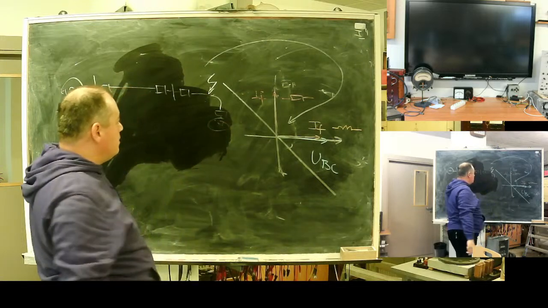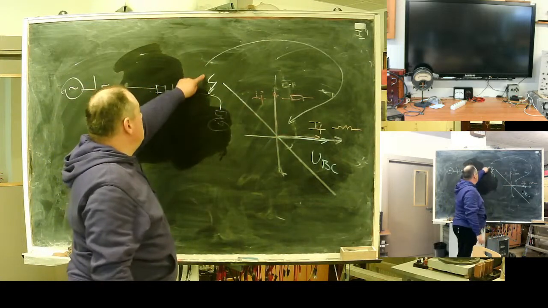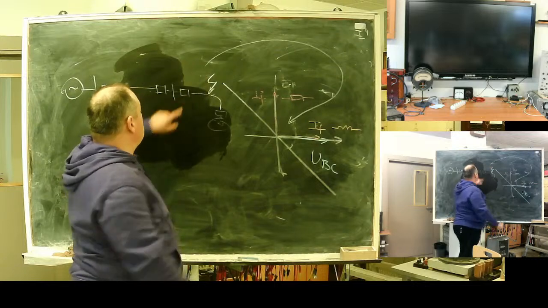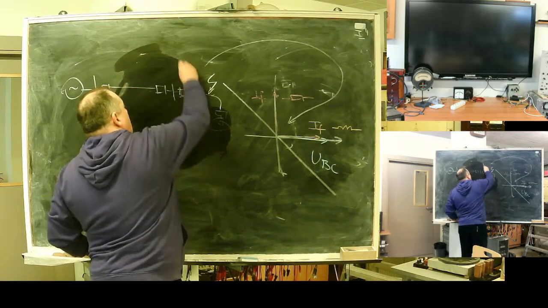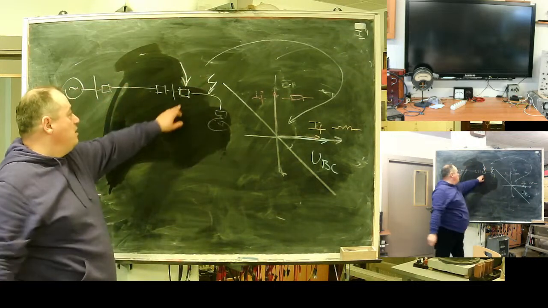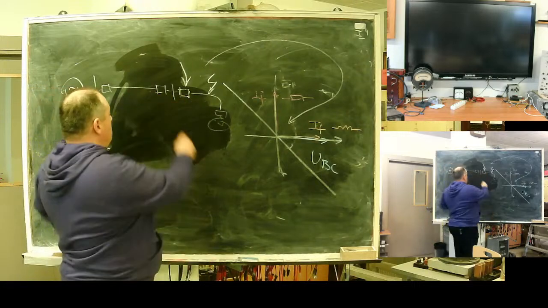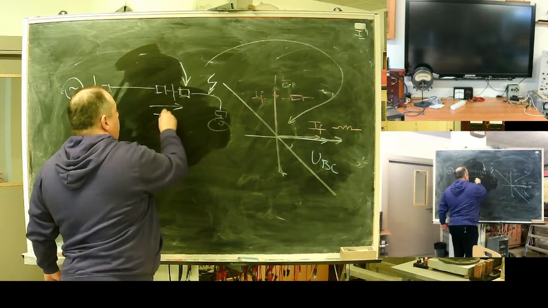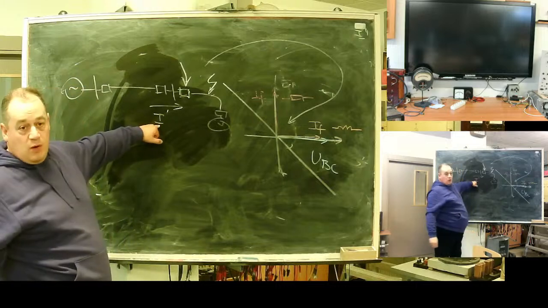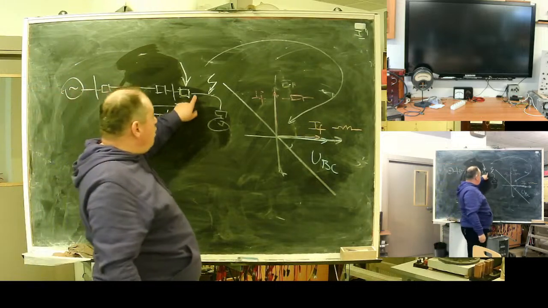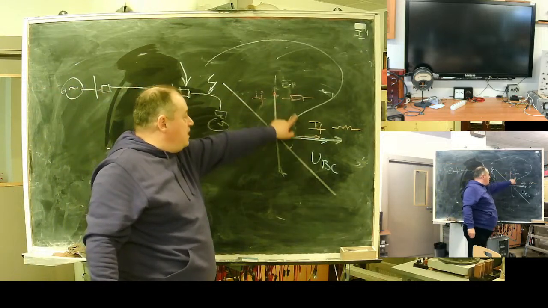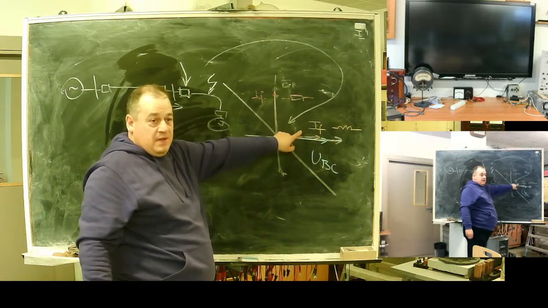Yeah? So all faults I'm looking at on this relay here. For all internal faults, I will deal with current I1, yeah? And all these faults will be in this area.